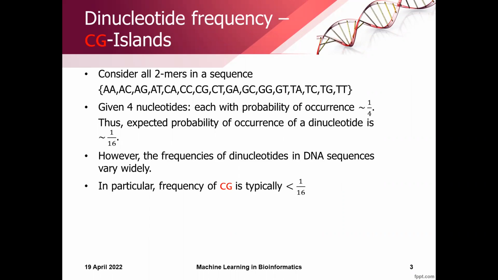Okay, so if we look at DNA, then we have 4 possible bases in the sequence. So if we consider pairs of nucleotides, then we have 16 possible pairs. And interestingly, when the first analysis of coding sequences was done, surprisingly, it was found out that the probability of the pair CG is much lower than the expected probability, because the expected probability would be approximately 1/16.